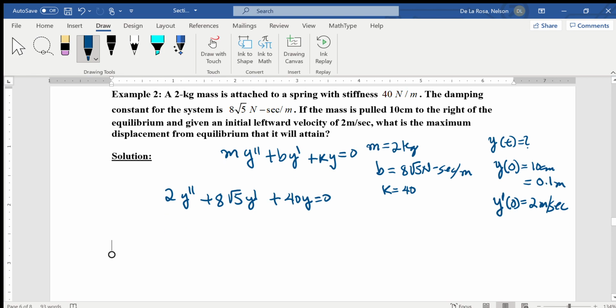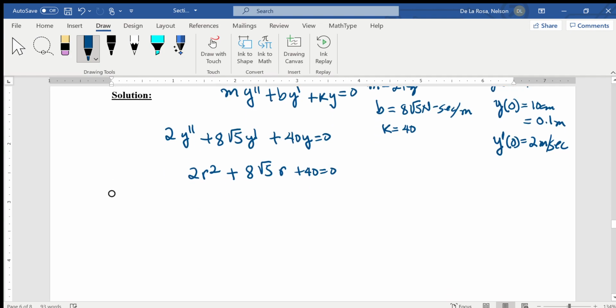Recall we can use the auxiliary equation since the differential equation is homogeneous, 0 on the right. We can divide everything by 2. So we have r squared plus 4 square root of 5 r plus 20 equals 0.